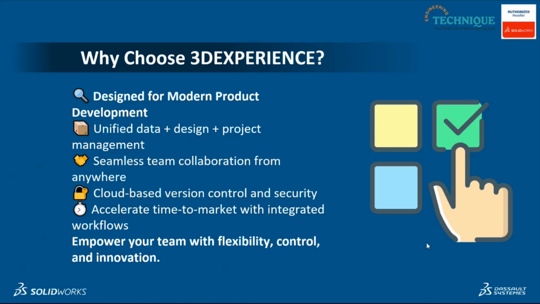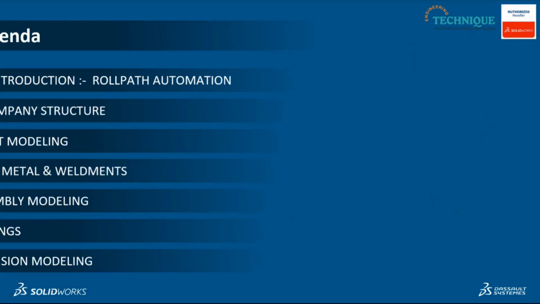With the built-in cloud-based platform version control, you never lose track of changes, and your IP stays protected and always up to date. And with integrated flows, you accelerate your time to market by cutting down delays between stages. In short, the 3D Experience empowers your team with flexibility, control, and the tools to innovate without limits.